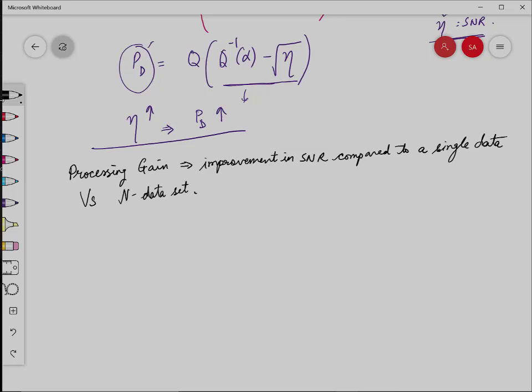So what's the improvement in the SNR when we have just a single data versus when we have n set of data?